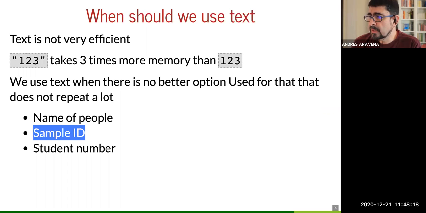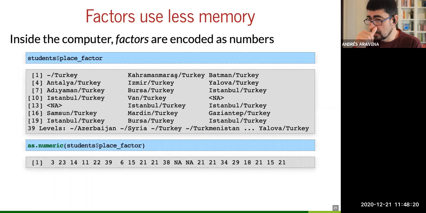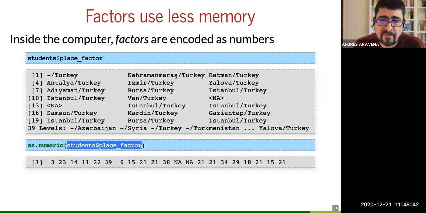What else? So factors use less memory, and you will notice this. There is a function, we don't use it a lot, but good to know, that takes something that is not a number and gives you a number. For example, if you use as.numeric, you essentially show the factor as if it was a number.